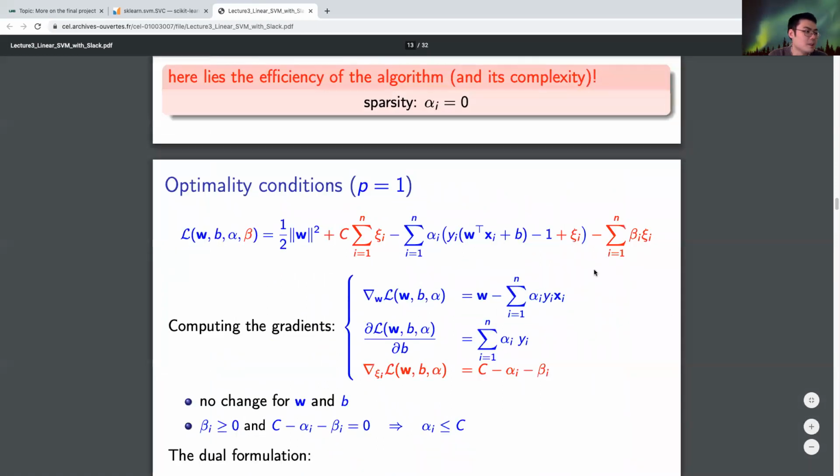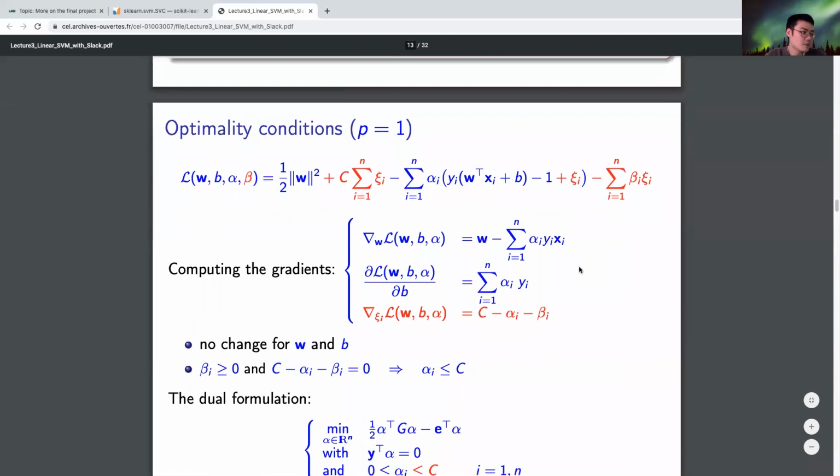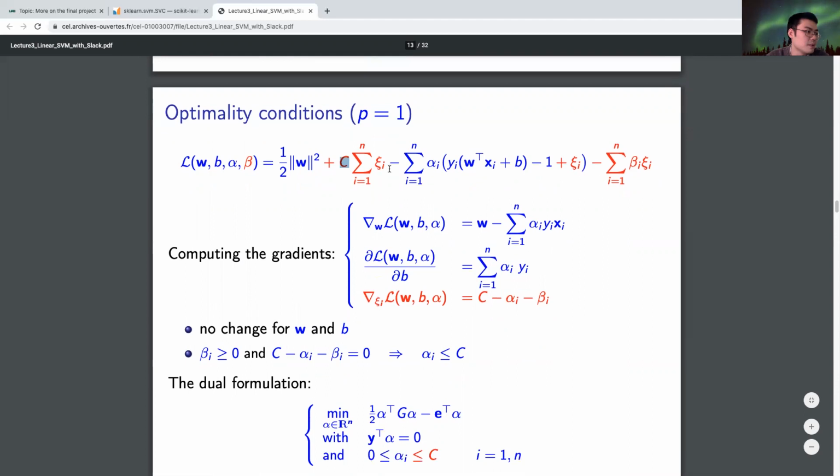If you take a derivative with respect to W0, which here we call B, then you get this. The only difference now is we have C. But C is a constant, a hyperparameter. We have the newly introduced slack variable, and when we take the derivative for a particular variable, this is a C term.